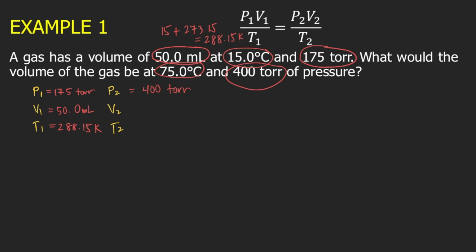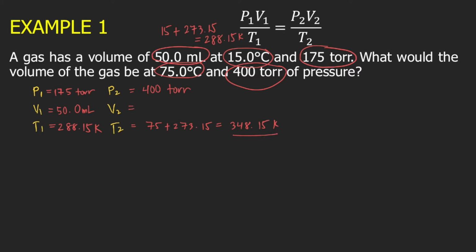So you do 75 plus 273.15. So for T2, that's 75 plus 273.15. That is equal to 348.15 Kelvin. So this is our T2.